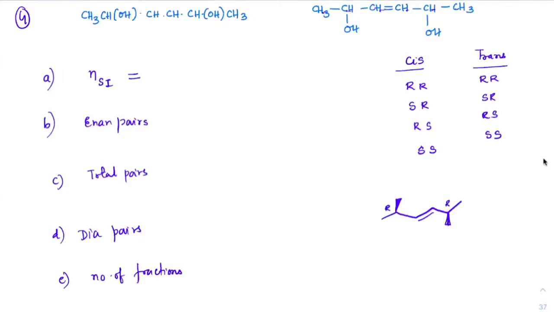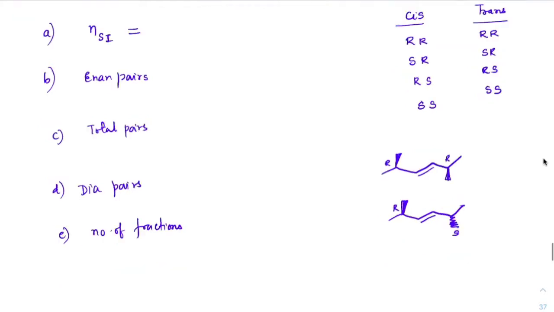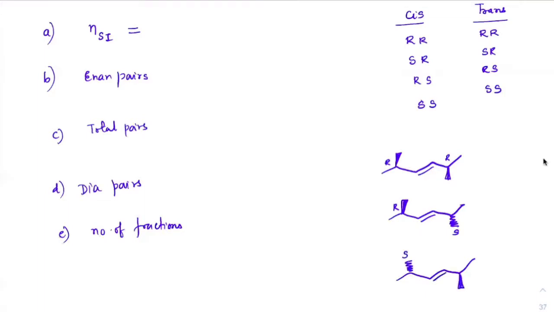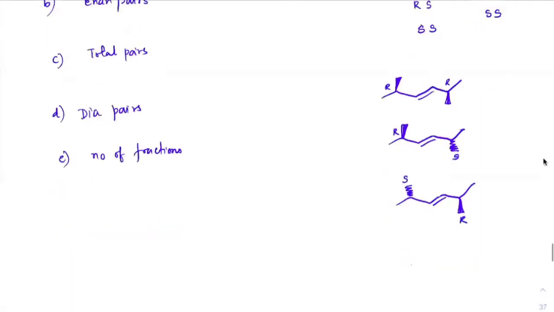I'm just taking it as a guess, okay? And if this is R, this could be S as well in trans. And if this is S, this could be R as well. And if this is S, the other one could be S as well.